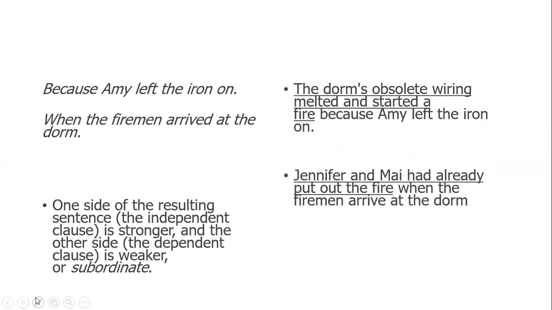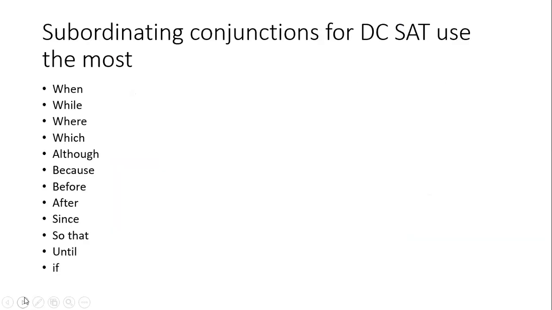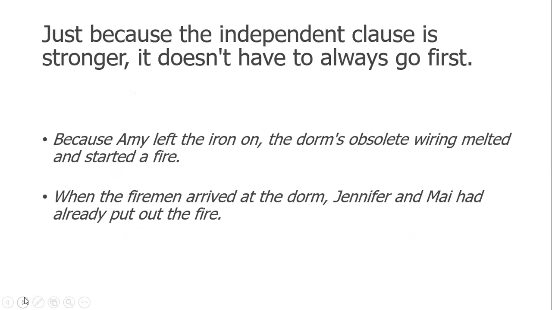All right. Now, you need not always do IC, subordinate conjunction, DC. There is another way to do it. Okay, there is a variety of ways to fix this. Just because the independent clause is stronger, it does not have to always go first. You can also work with the DC sentence first, and then you need to put a comma. This is how it starts. The second thing, how do we work with dependent clauses?